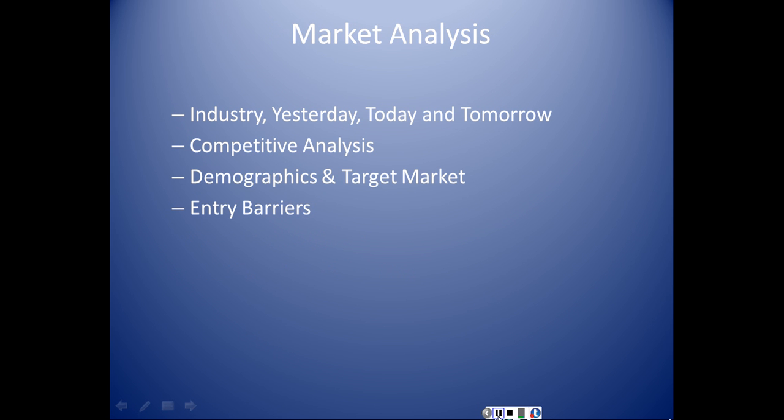We're doing a market analysis, and I want you to address all the items that you addressed in your market analysis document. Everything that goes in that market analysis that you did will go into this particular part of your paper. You will need to address the competitive analysis.